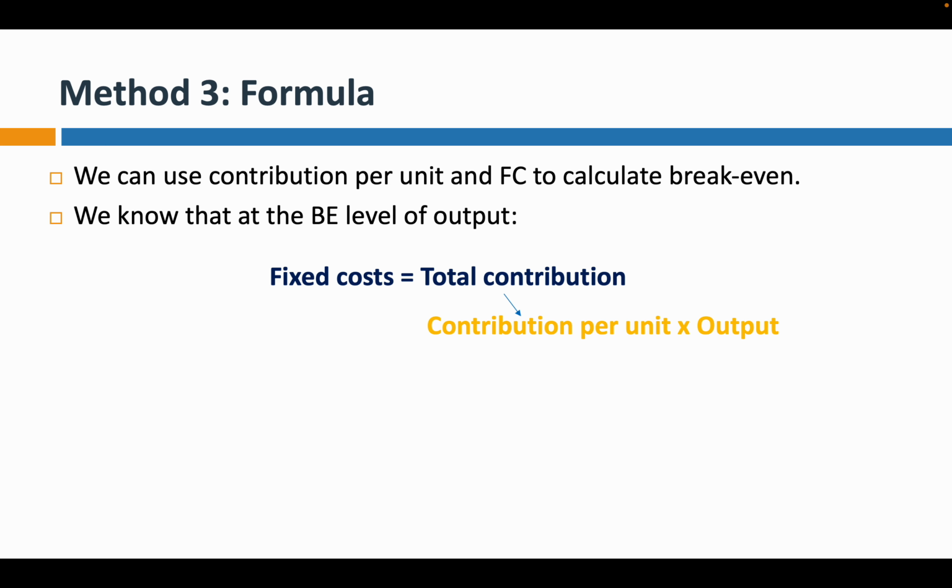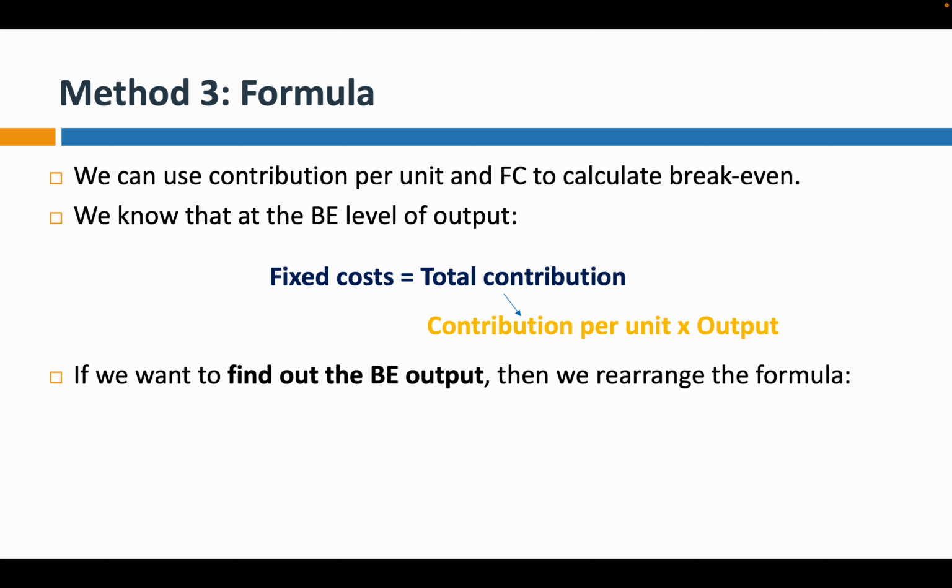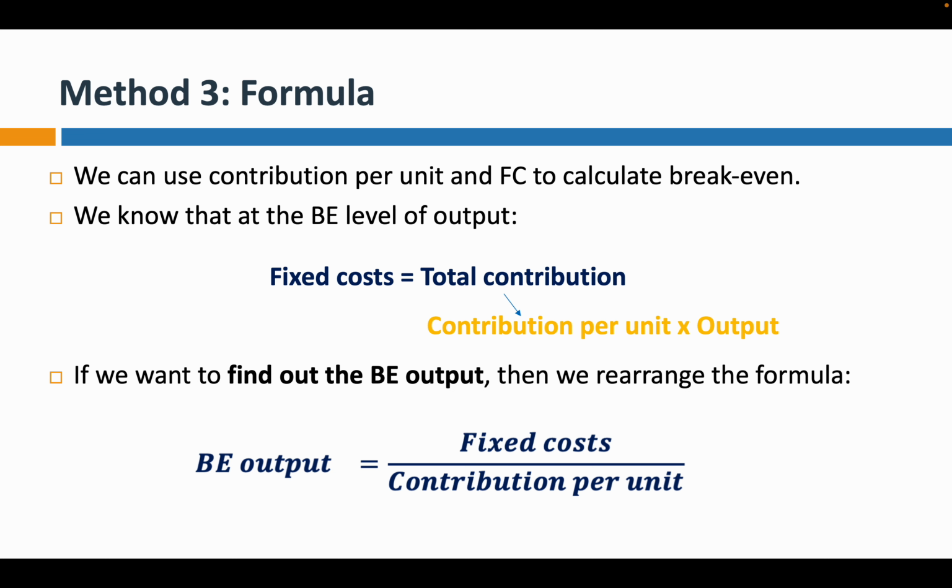Then what we need to have is to just put the output on one side and all the other variables on the other side. So we rearrange the formula and we get the final formula that we've learned. Break-even output equals fixed cost divided by contribution per unit.